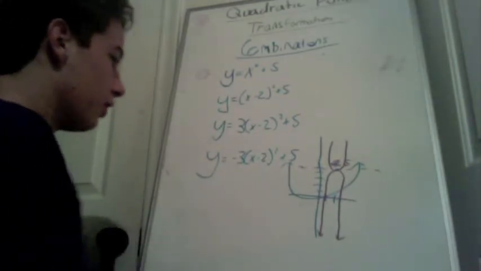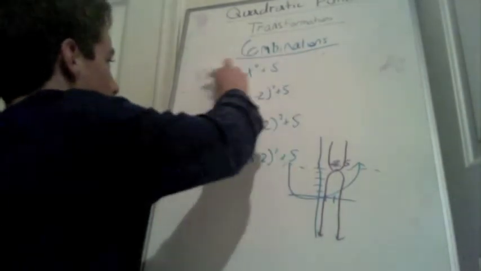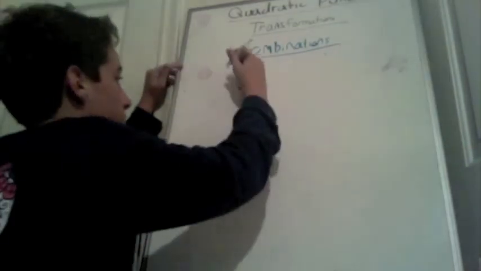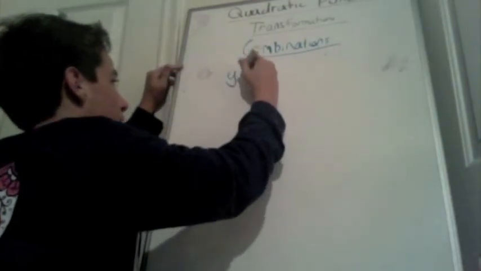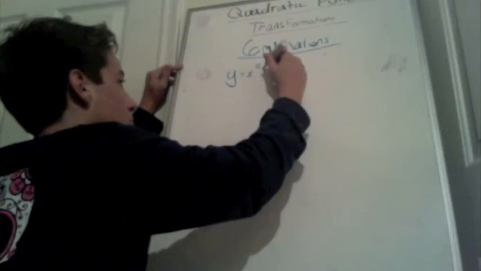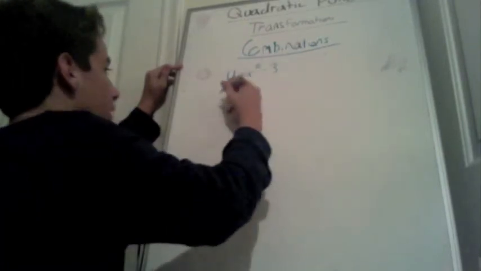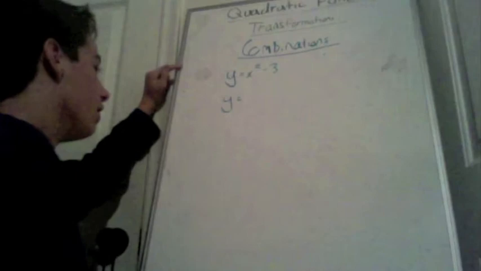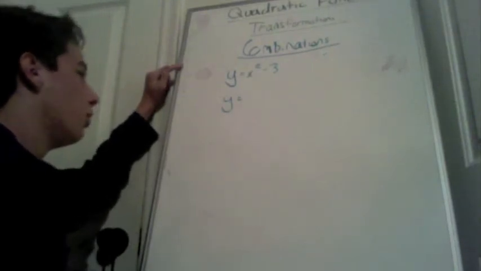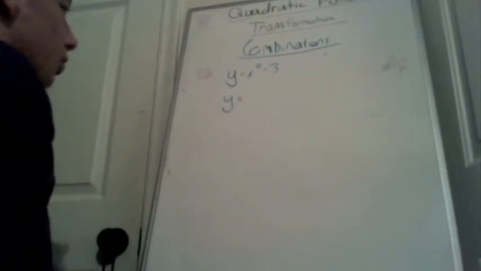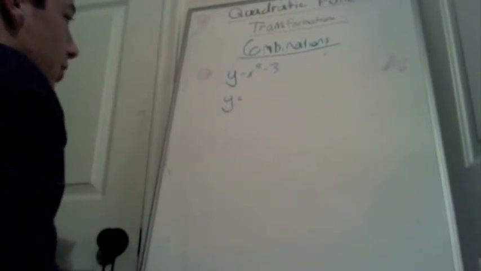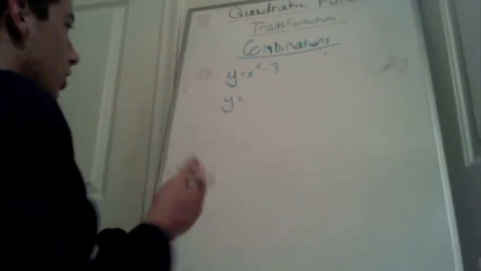Alright, let's do another example. Let's say we don't have an x-intercept translation this time, so we have y equals x squared minus 3. We won't add in a vertical stretch or shrink yet.